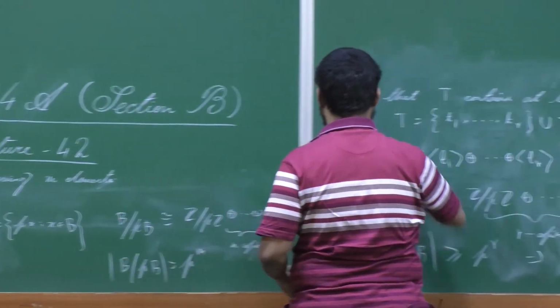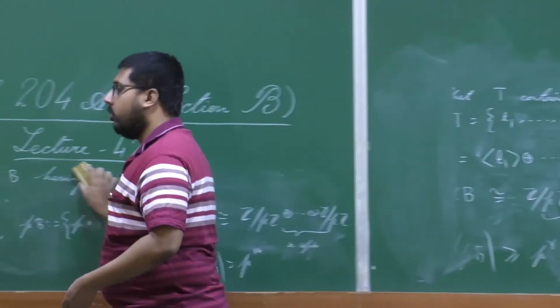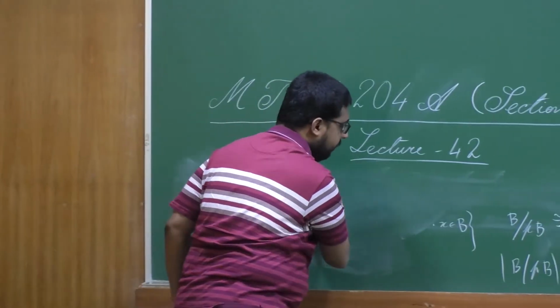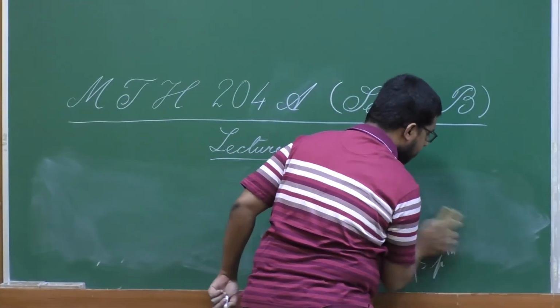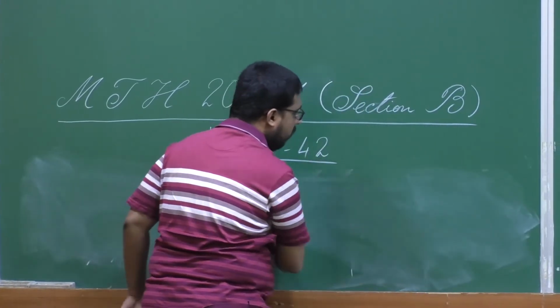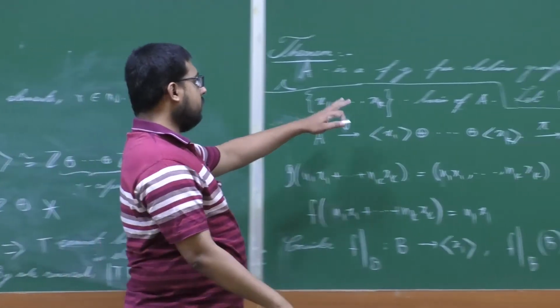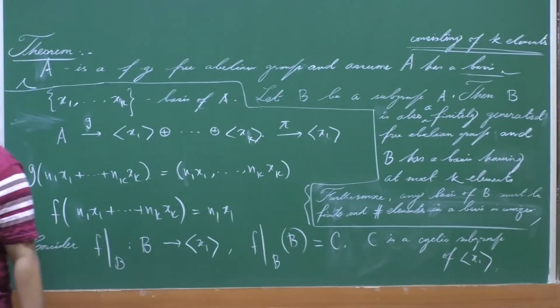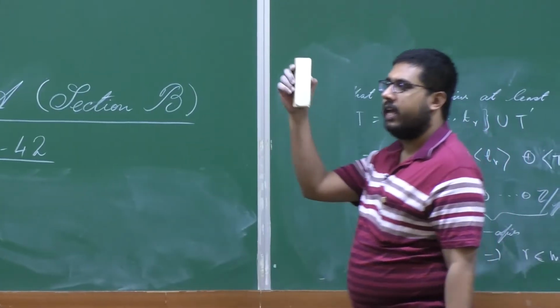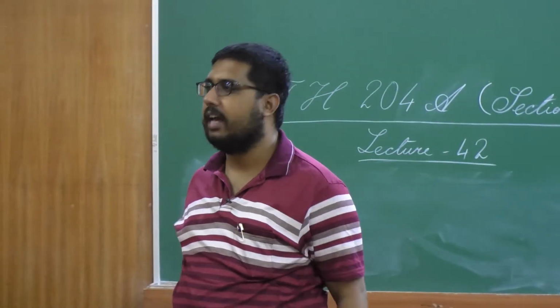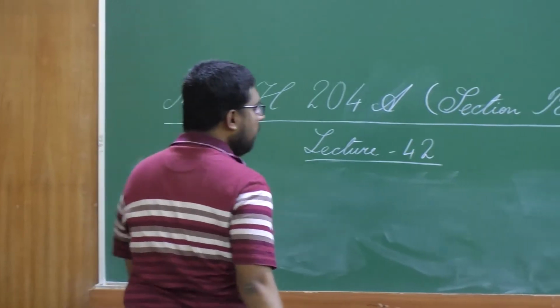Okay, enough of this. Now we are in a position, once the uniqueness is established, to call it something. In a finitely generated abelian group, the number of elements in any basis, which is of course unique in view of this, is called the rank of the abelian group.